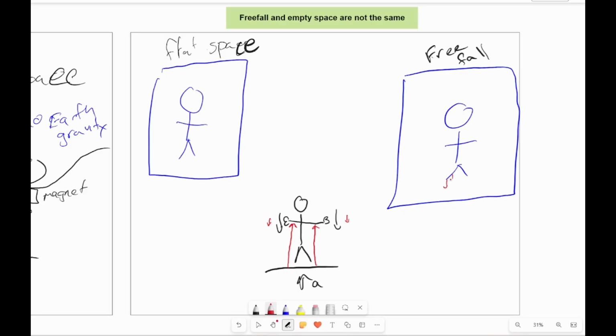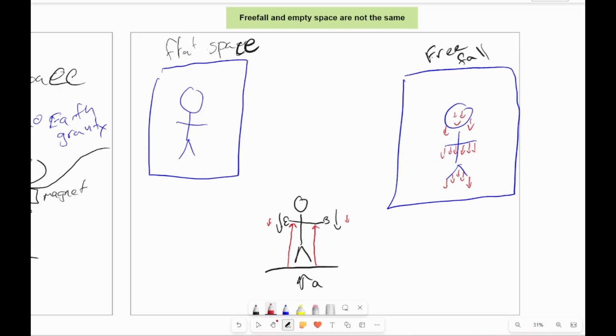Every point of your body is being accelerated downward equally. So it might not feel like you're in an accelerating free fall, but it's only because everything is being acted on the same.